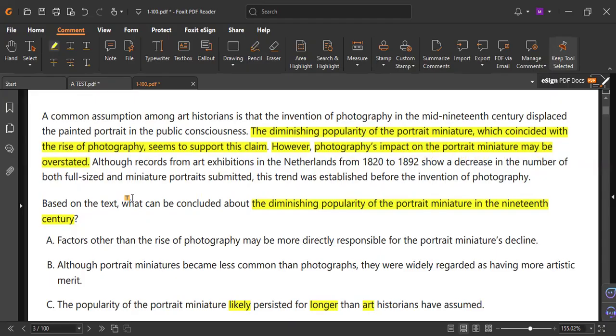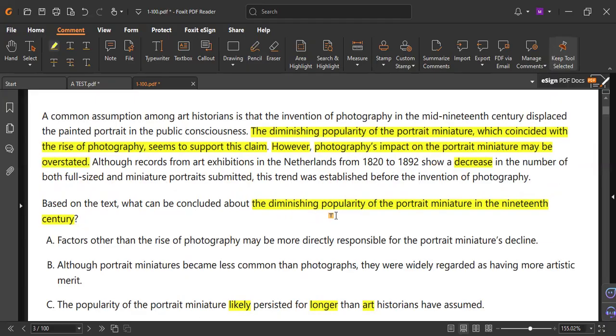People say it happens, but it does not happen. As I told you, overstated or overstatement or exaggeration means it's not real. Perhaps it was wrong, but people by researching proved it was wrong. He said, although records from art exhibitions in the Netherlands show a decrease in the number of portrait miniatures submitted, this trend was established before the invention of photography.